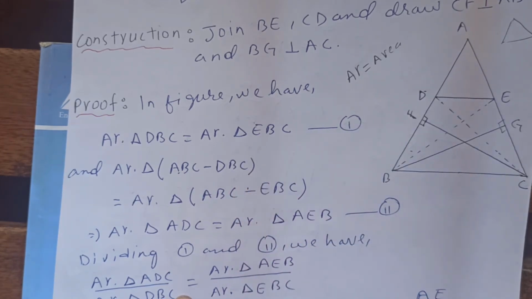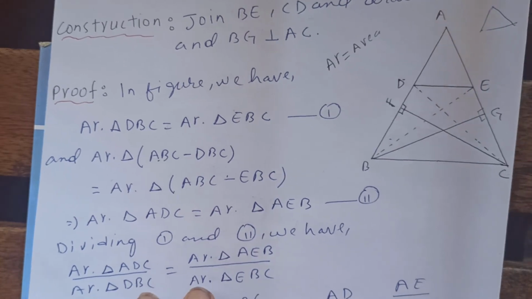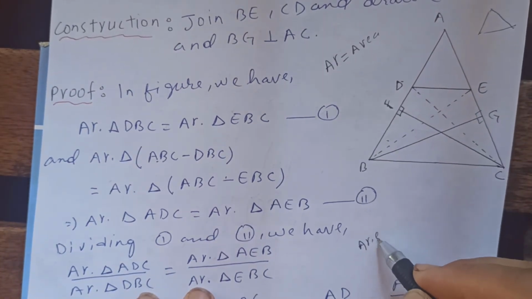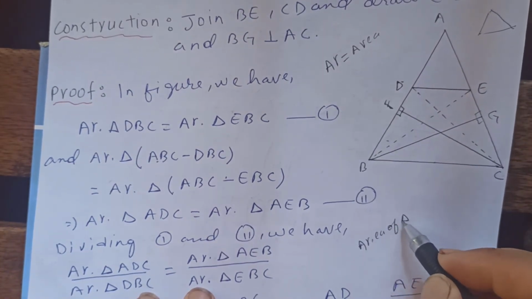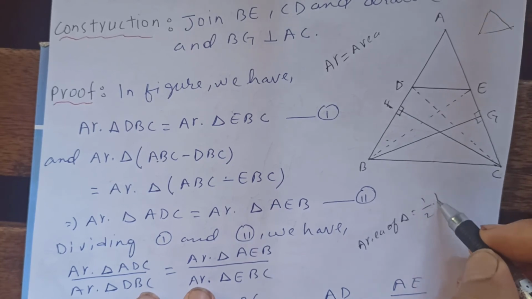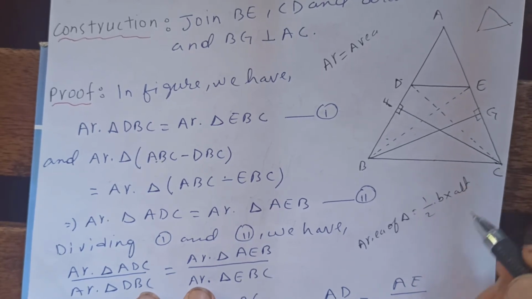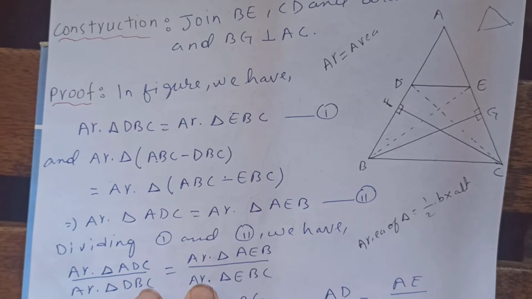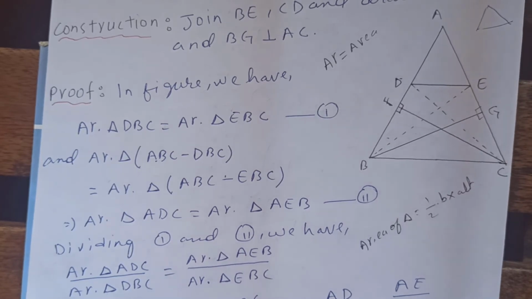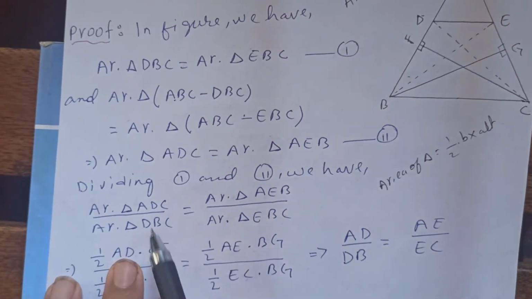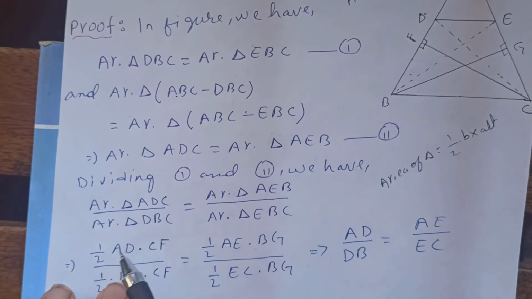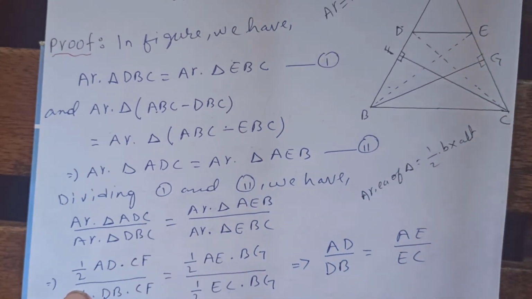Okay, so the area of any triangle is nothing but half times base into altitude, right? That is the formula for the area of a triangle. So applying that, the area of triangle ADC, where is ADC?